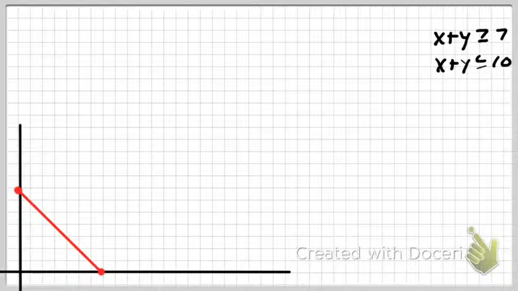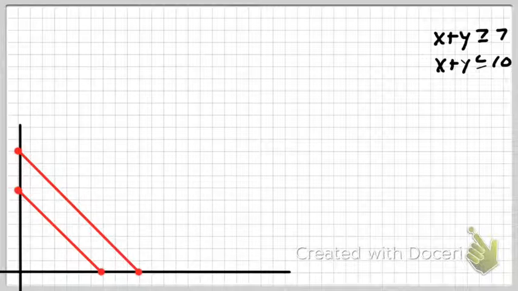The second line has intercepts at 10. And that's the one that we have to be below. So right now, as we sit, our shaded area, our possibilities, are the area between the red lines.